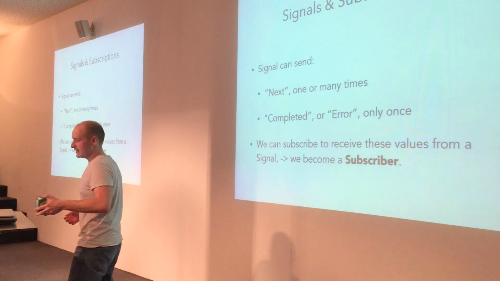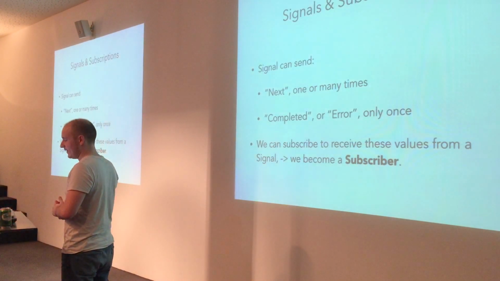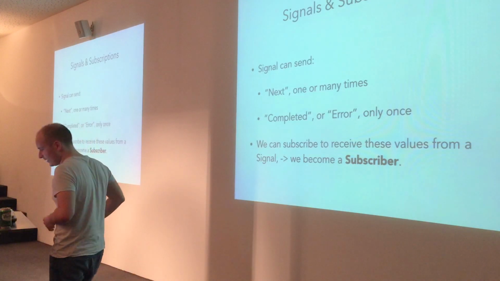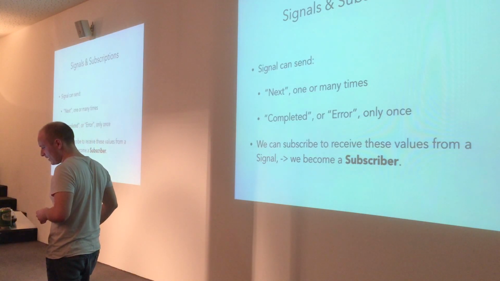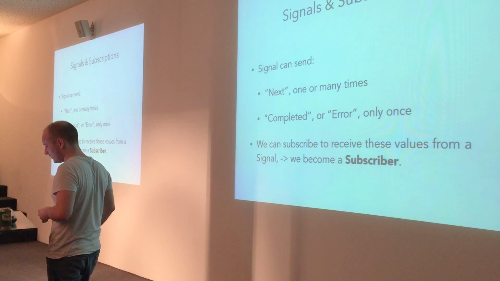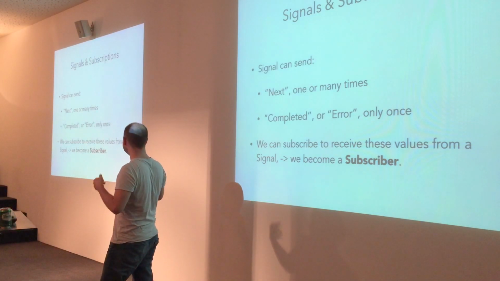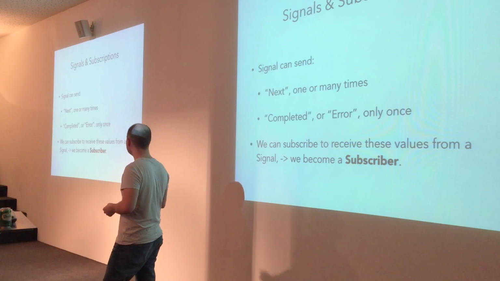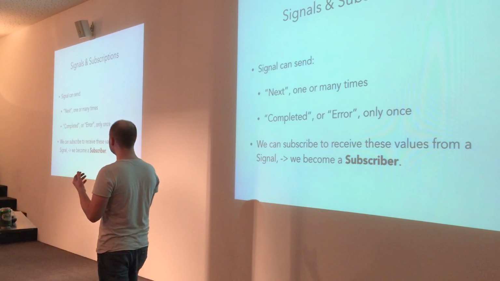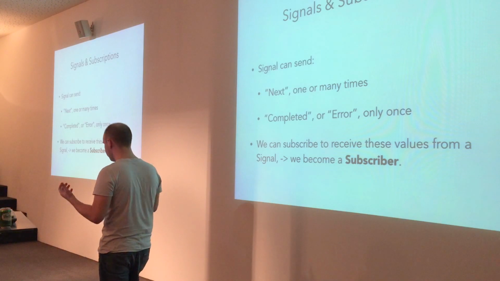So you have the signals, and a signal can basically send next values over and over again, which we can subscribe to. So in our code, we have a signal.